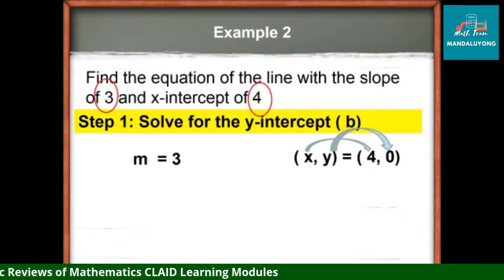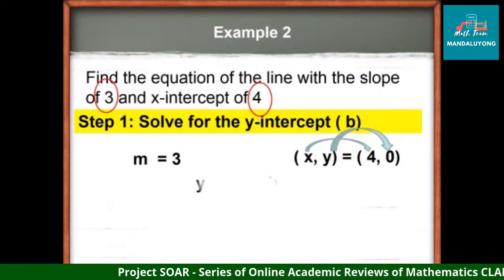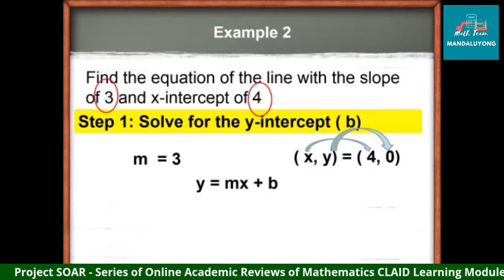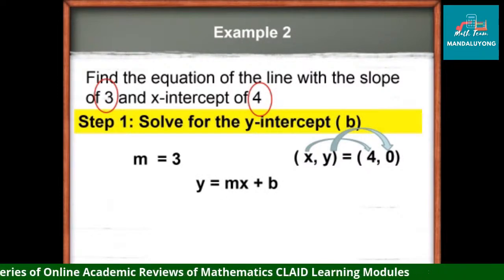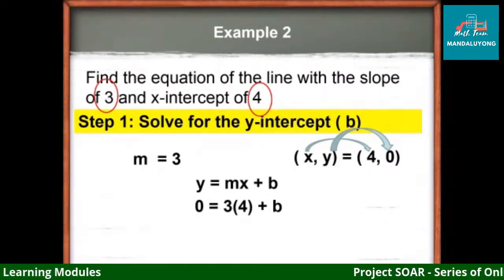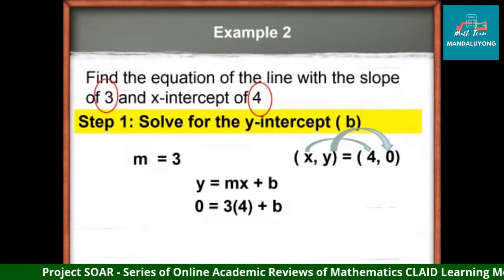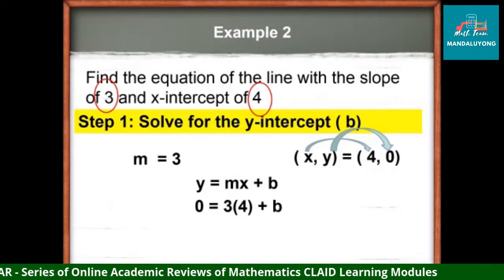Now, substituting the given value of the slope or the given m and the given point or the x-intercept in the slope-intercept form, we will have 0 equals 3, quantity 4 plus b. Our y is 0, our m is 3, our x is 4.